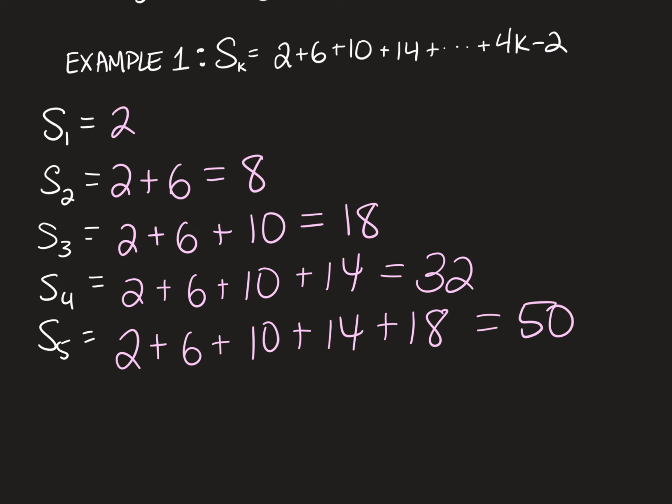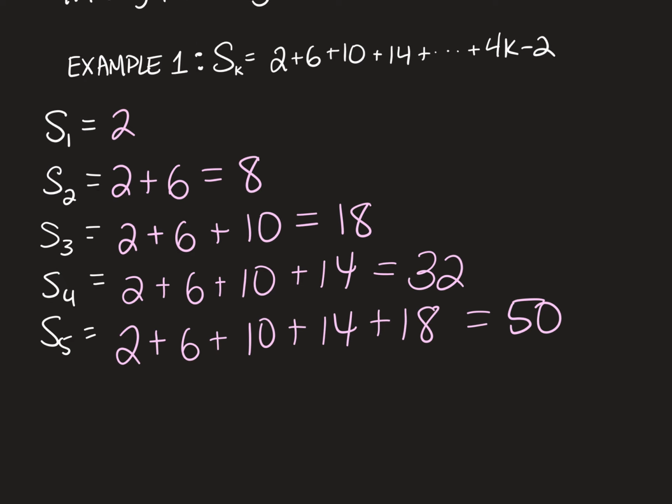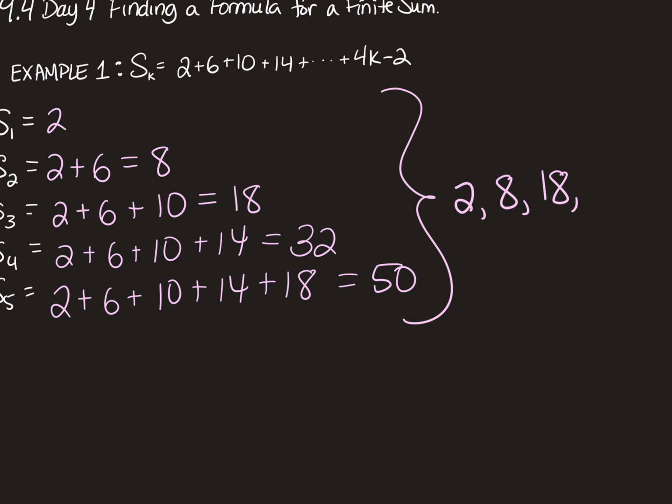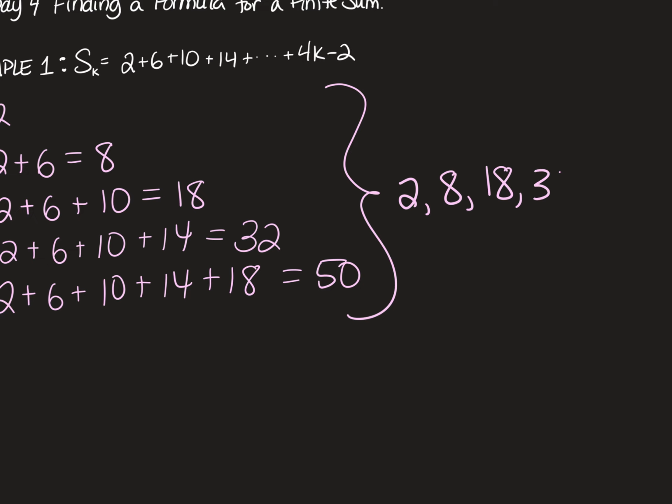So let's kind of start to analyze this. I'm going to list out my terms: 2, then 8, then 18, then 32, then 50. So this is right back to what we were doing early on in this unit.